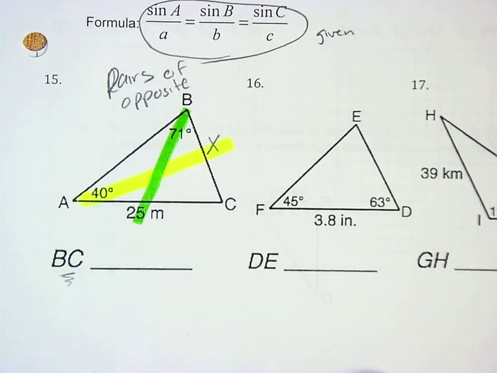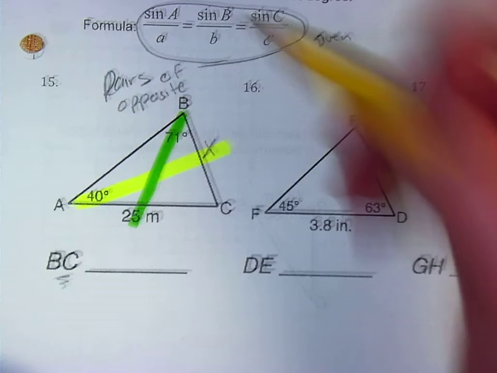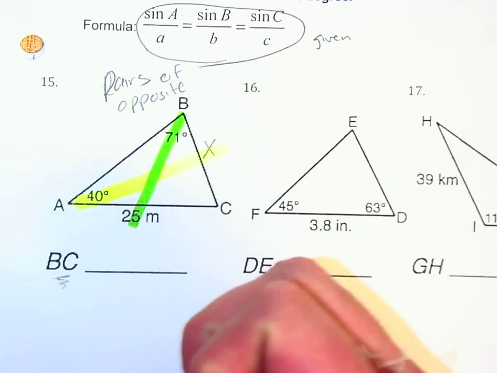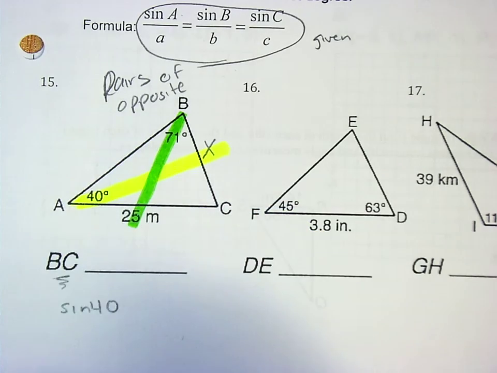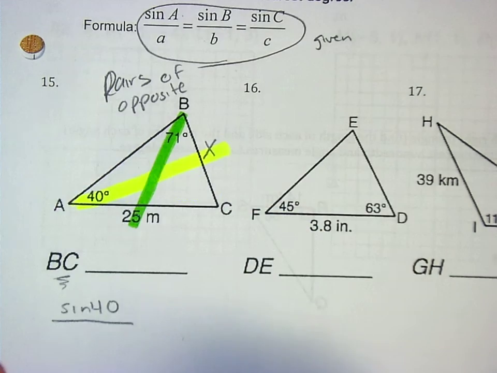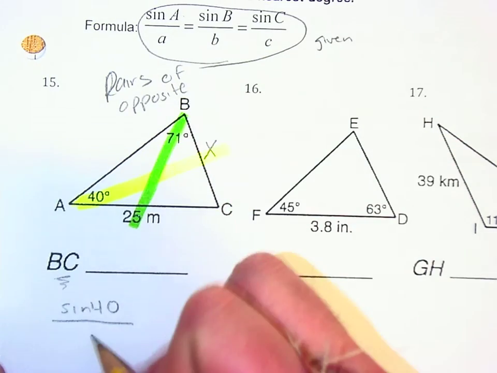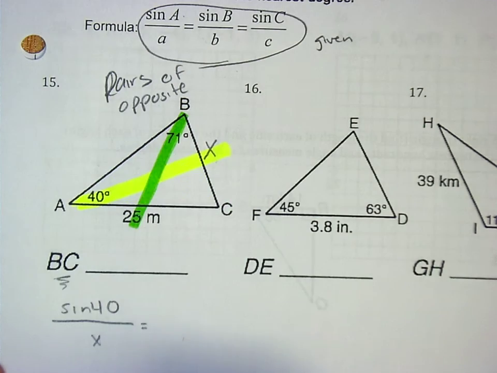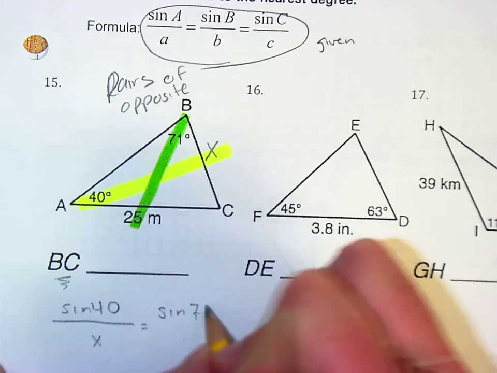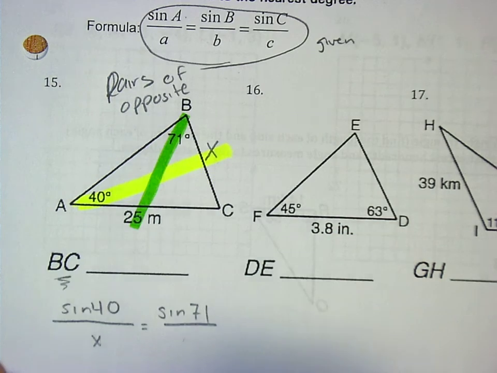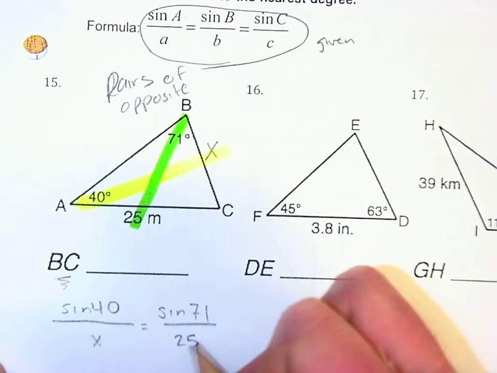So now that I have my pairs of opposites, I can simply fill in my formula here. So I know that the sine of angle A, which is 40, over the opposite side, which is X, equals the sine of angle B, which is 71, over the opposite side, which is 25.